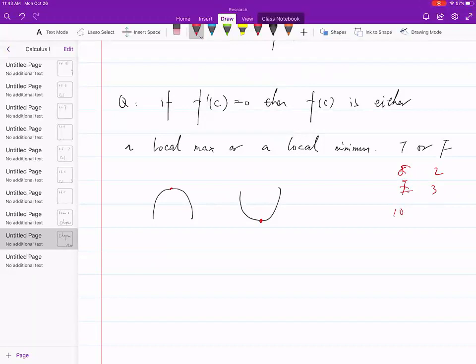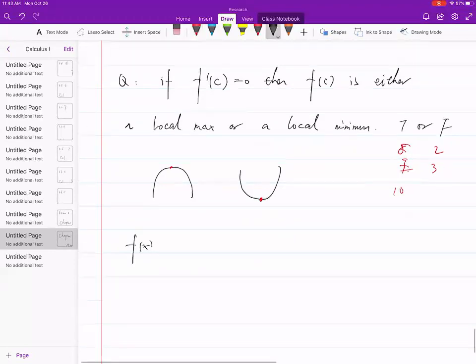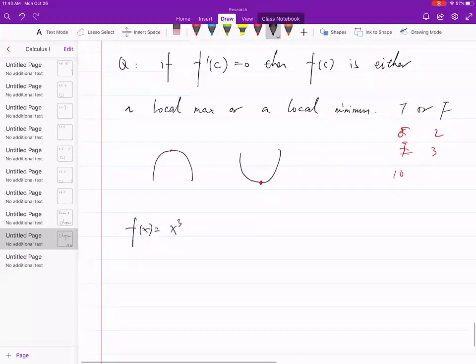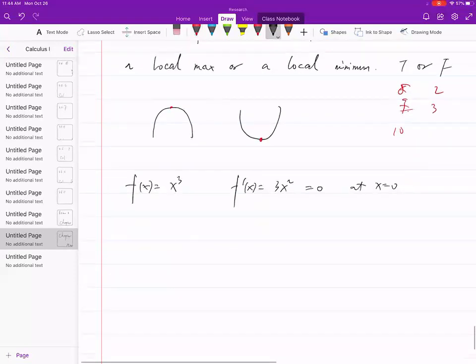Good. Anton, do you have a reason other than Dr. Chen is tricky? Just one example that came to my mind would be f of x equals x cubed, where there's a horizontal line at 0. Hold on. This one, okay, let's do it. F prime of x is this, and it is 0 at x equals 0. If this is true, that means we have a local maximum or minimum at 0, right?